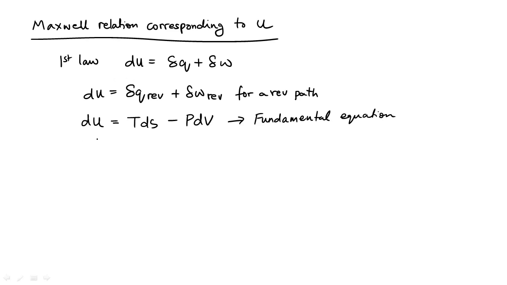This equation will show up when we write the total derivative of all the other state functions H, A, and G. Since any property of a single component closed macroscopic system depends on only two variables, we can see from here that this is the total derivative of U in terms of the change in variables entropy and volume. So the natural variables of internal energy are entropy and volume.